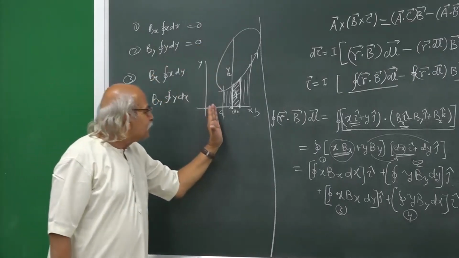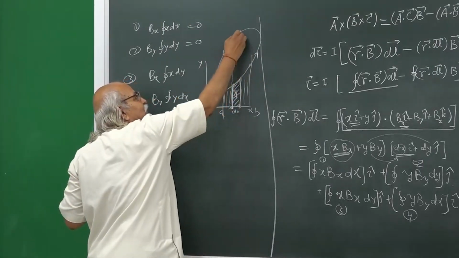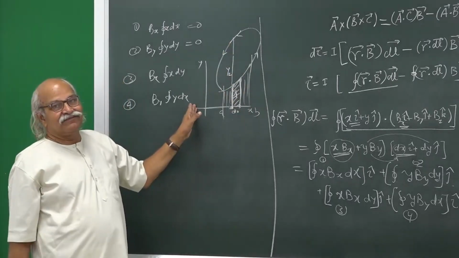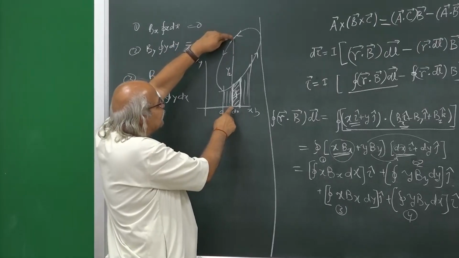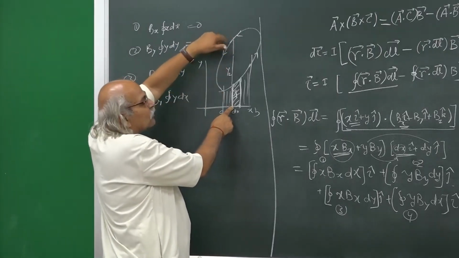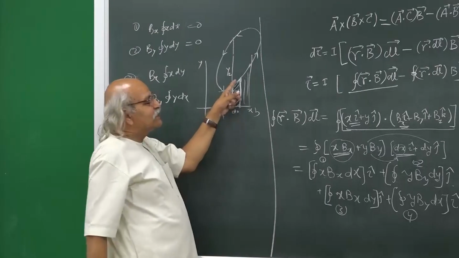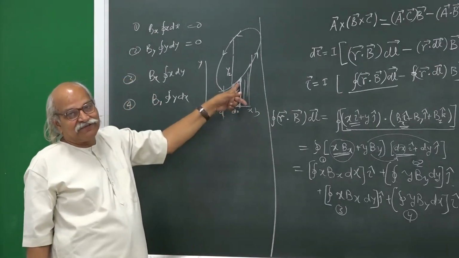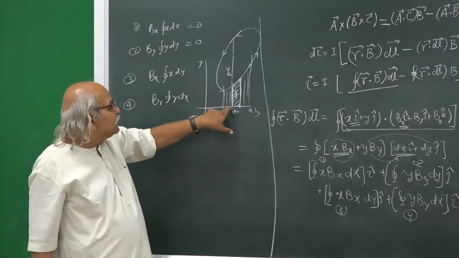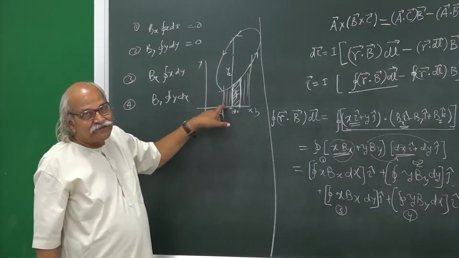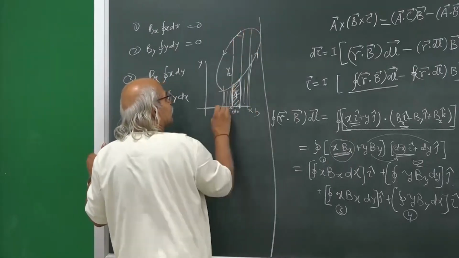Here x is increasing, so dx is positive, and here the arrow comes like this, so x is decreasing. So y2 times dx will be negative, because y2 is here and dx is on the left, whereas here dx is on the right. So y1 times dx will be positive. Taken together, these two give you a negative value, and the same is true for any x, this x, this x, this x.